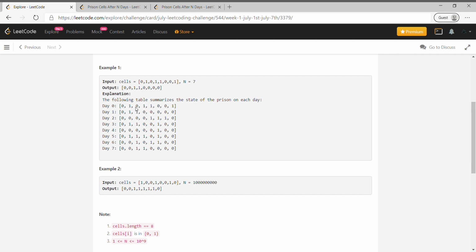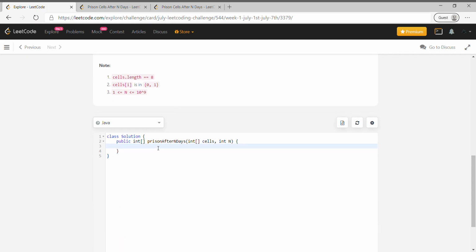And depending on that, we update the value of cells of i, right? In this way we will iterate through the given array of cells n number of times, if the size of the given cells array is n. So basically it would be a linear time complexity. And let's just implement that one first.